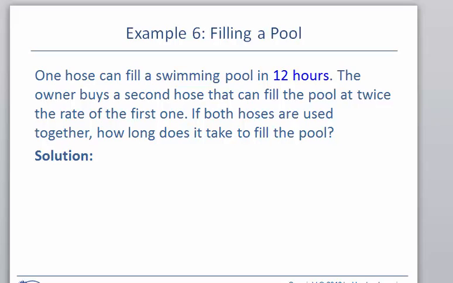There are two concepts that we need to be aware of before we can work this problem. The first says that the rate of work is the reciprocal of the time needed to complete the job.